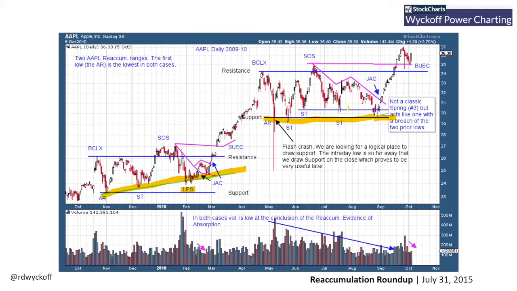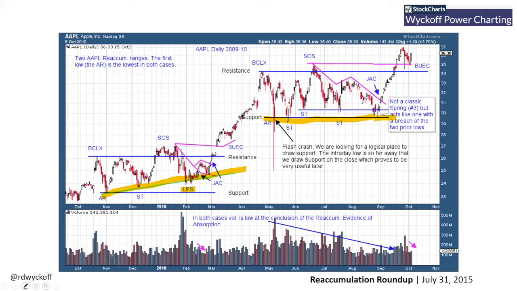And then in this case, on the spring, the test of the spring here would be a place to put on a tranche. And then these good upward pushes above the creek here, which is this pink line, is a good place to follow the trend up. And then on the backup after jumping out of the reaccumulation structure.